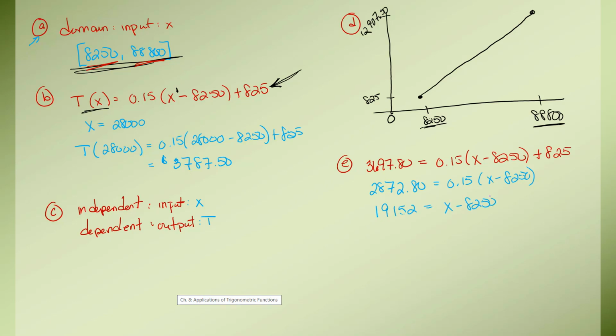And then I'm going to add the 8,250 over. So our individual's gross income, single person of course, is $27,402. Got it? Okay.